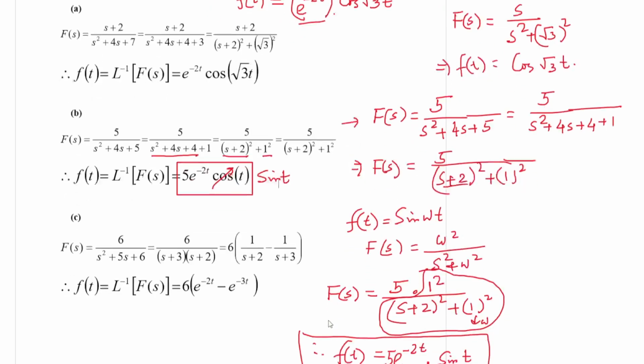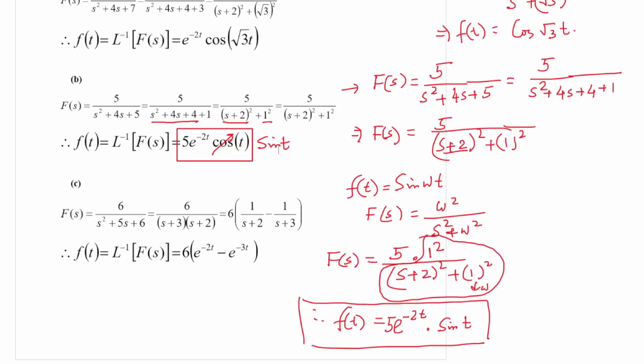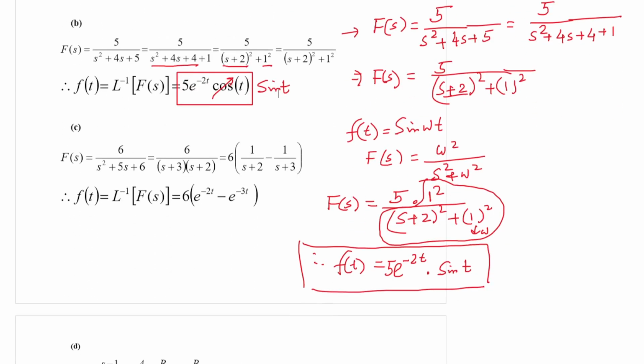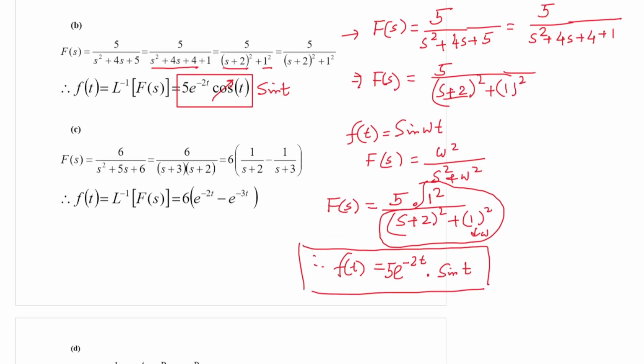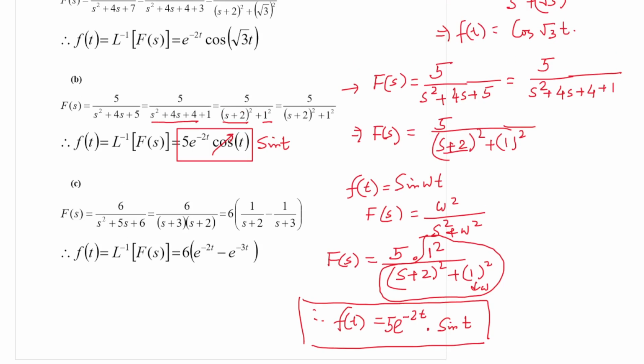So we have the third problem with us. That is 6 by s square plus 5s plus 6.